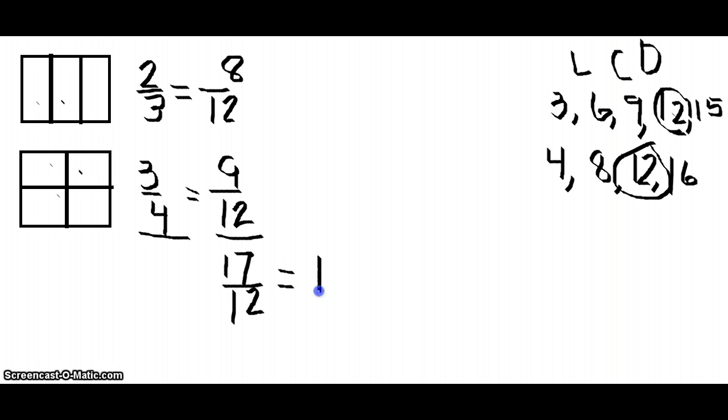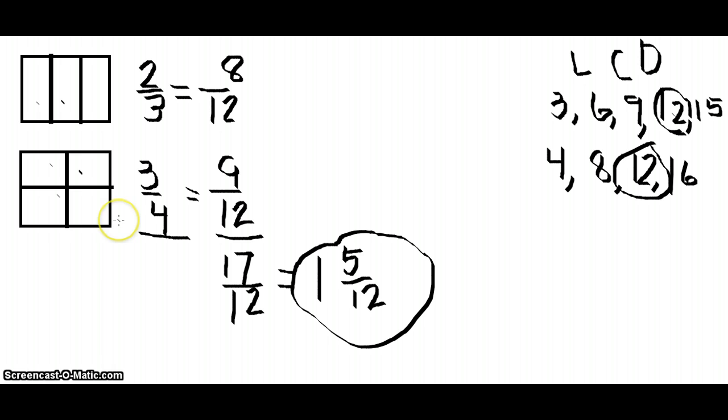There is 1, with 5 12ths left over. Then we look at 5/12. Can we reduce that any further? No. So our answer is 1 and 5/12. So if you're adding 2/3 plus 3/4, you will get 1 and 5/12.